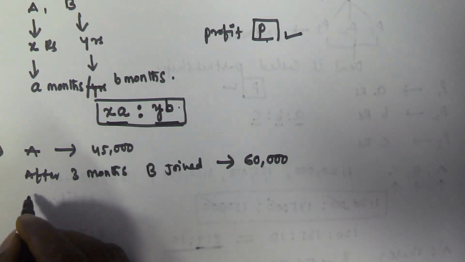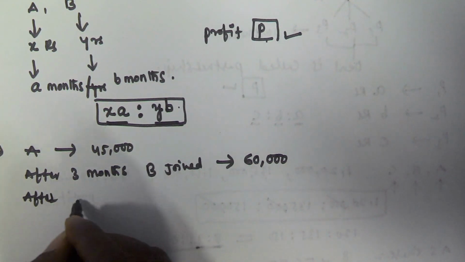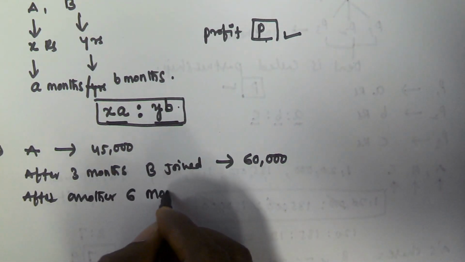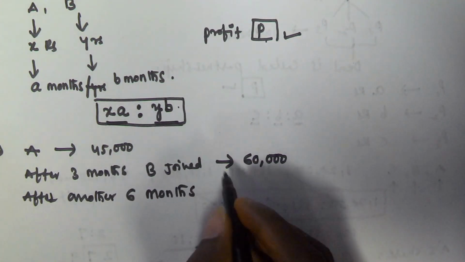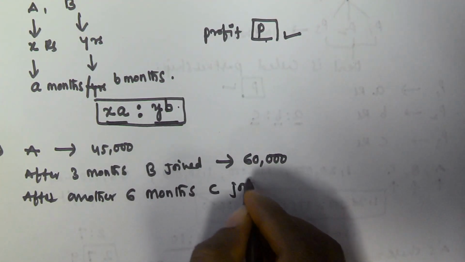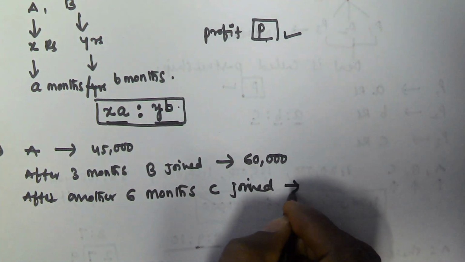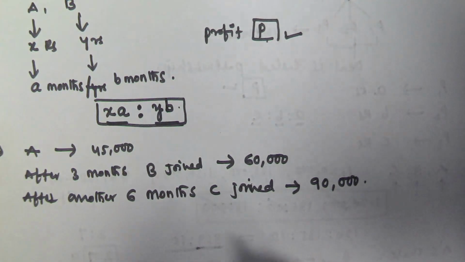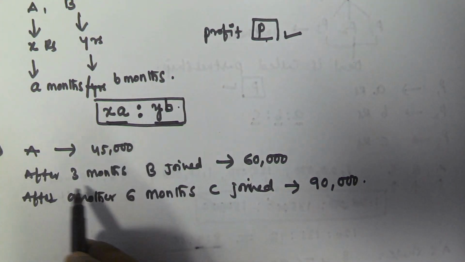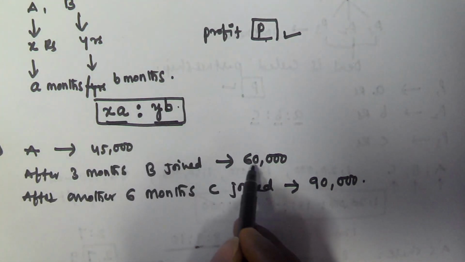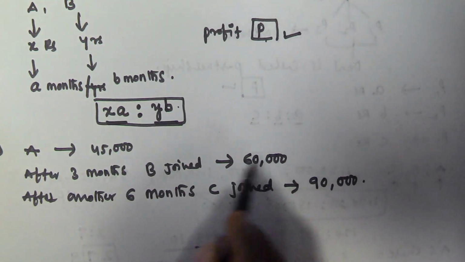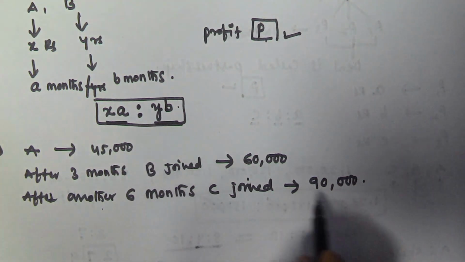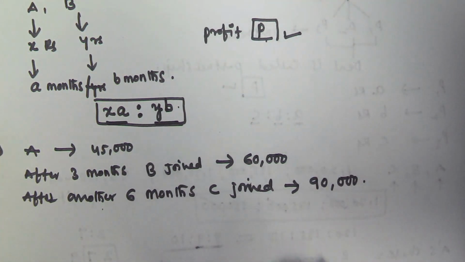Again after another 6 months, C joined with an amount of 90,000. So A started a business with 45,000. After 3 months, B joined with capital 60,000 rupees, and after another 6 months, C joined with capital of 90,000 rupees.